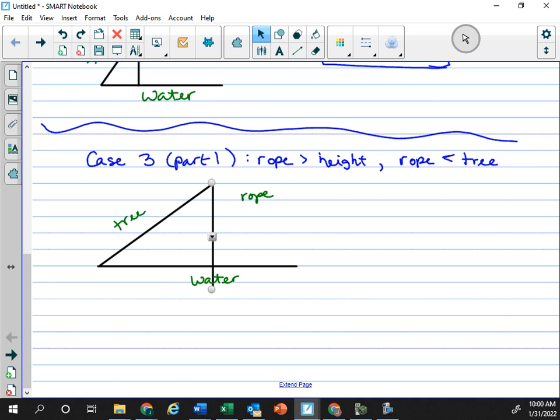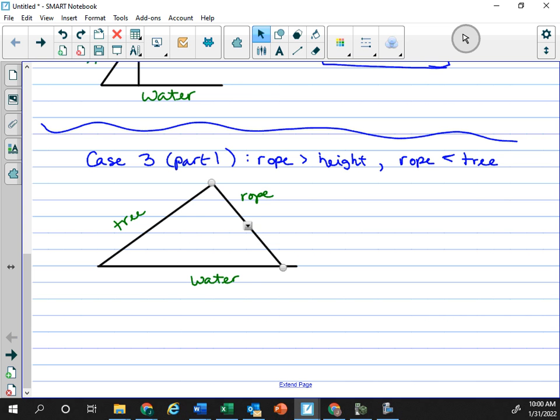This rope is going to swing back and forth. So trying to keep it the same length, it could touch the water there, right? And that forms a triangle. Or swings over and could touch the water there. So when your rope is bigger than the height but less than the tree, you have two potential triangles. You could be here, or you could be here.